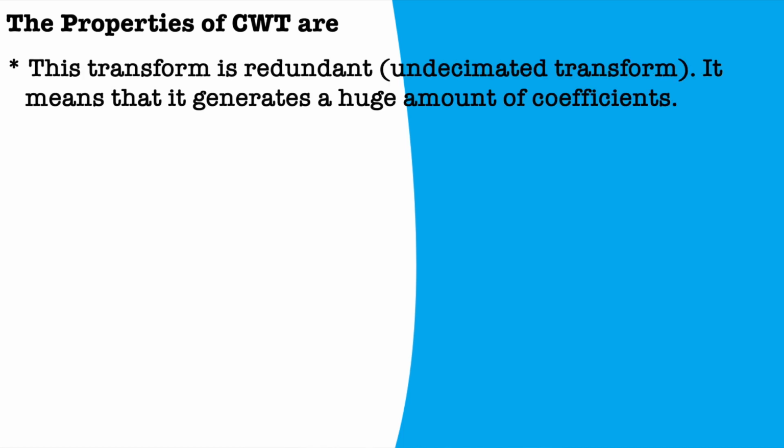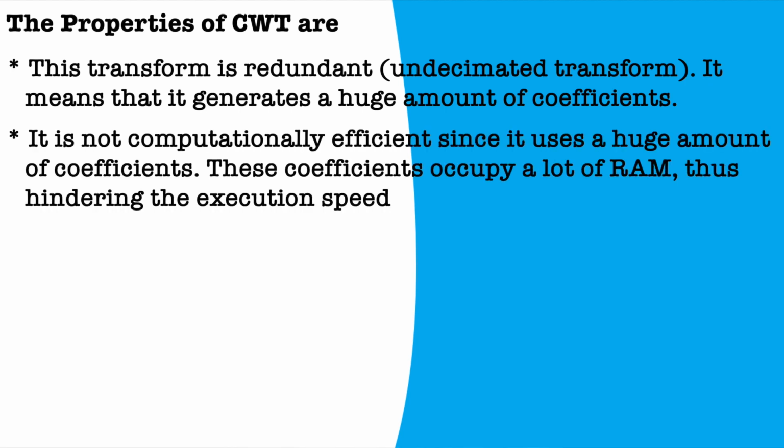The properties of CWT are: this transform is a redundant, undecimated transform. It means that it generates a huge amount of coefficients. It is not computationally efficient since it uses a huge amount of coefficients. These coefficients occupy a lot of RAM, thus hindering execution speed.